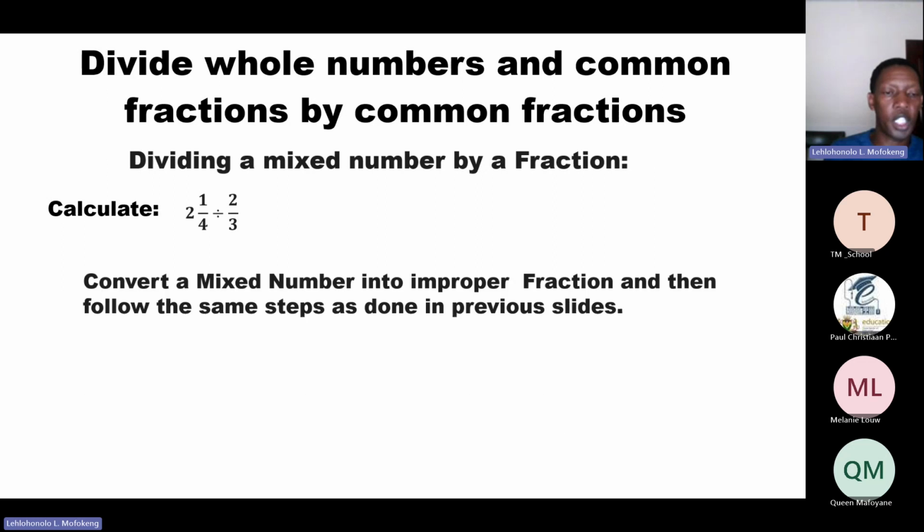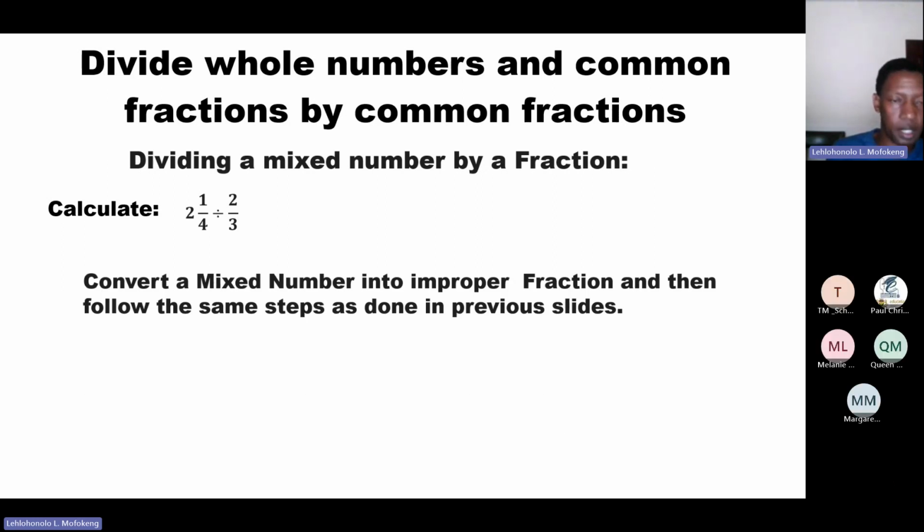So let's change the mixed number into an improper fraction, and then we apply the same method that we did in those two examples from the previous slides.